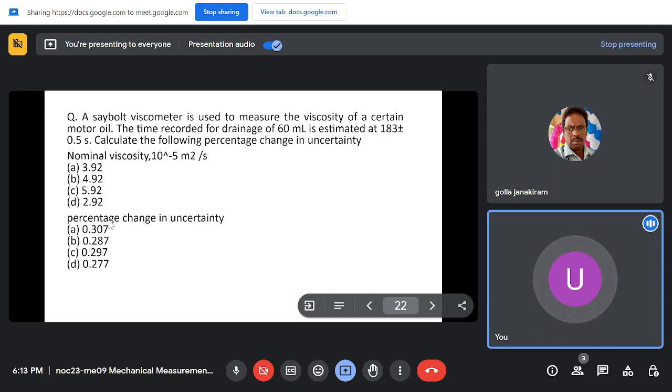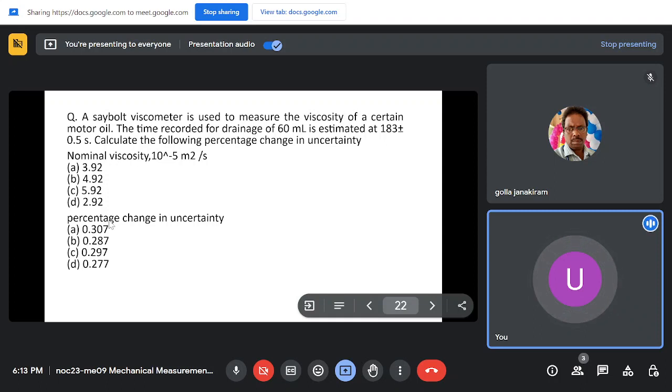In a Saybolt viscometer you have a vessel of fixed dimensions, and you let the fluid flow and you measure the time. Using that you find out the viscosity. In this case the time recorded is 183 plus or minus 0.5 seconds for the 60 ml of motor oil to drain. They ask to calculate the following percentage change in uncertainty.